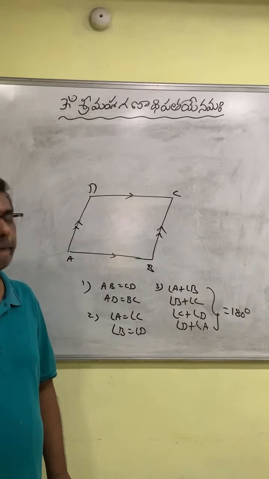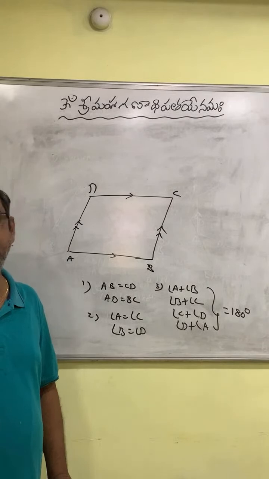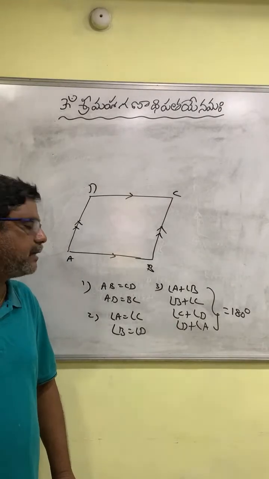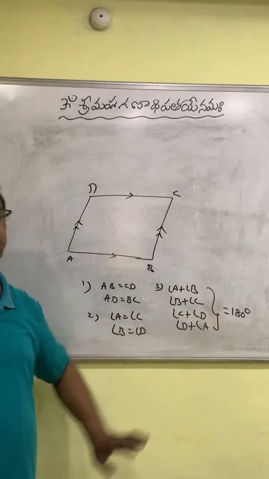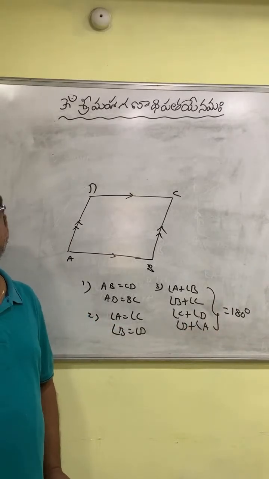Okay children? Sum of any two adjacent angles is 180.